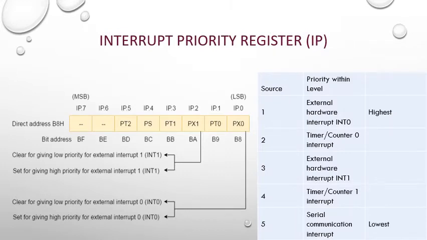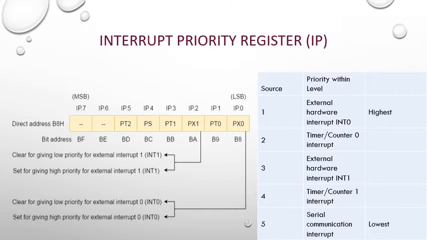Let us now discuss the interrupt priority register. Using the interrupt priority register, it is possible to change the priority level of an interrupt by clearing or setting the individual bits in the interrupt priority register, as shown in the figure. It allows a low priority interrupt to be interrupted by a high priority interrupt, but it prohibits interruption by another low priority interrupt.